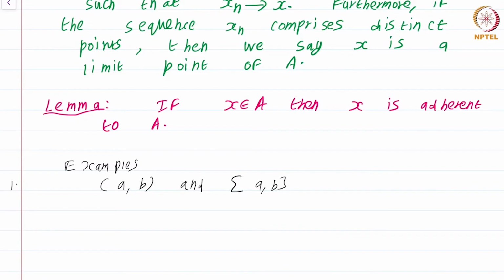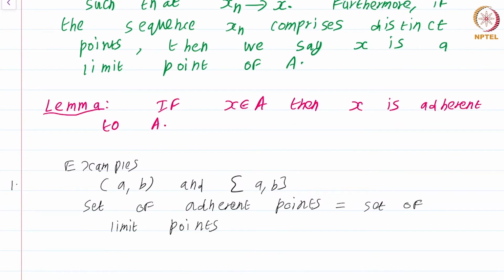Now, the set of adherent points in both scenarios is equal to the set of limit points, and both are equal to the closed set [a,b]. From the previous lemma, it's clear that every point in the open interval (a,b) will be an adherent point of both the open interval (a,b) and the closed interval [a,b].